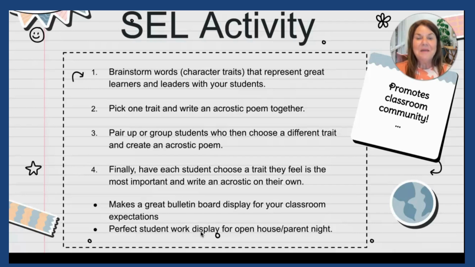I'll be able to comment on the language student groups chose in their poems and really get the conversation going that involves writing and poetry and character traits and leaders in our classroom. So all of this comes together as a great way to review, to get students active and engaged in writing.